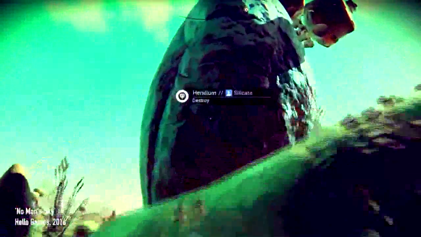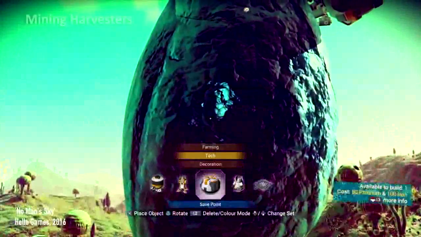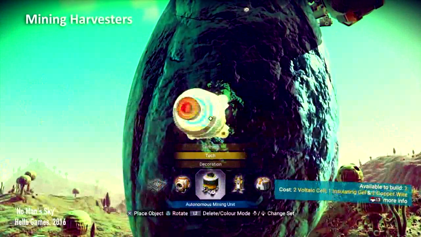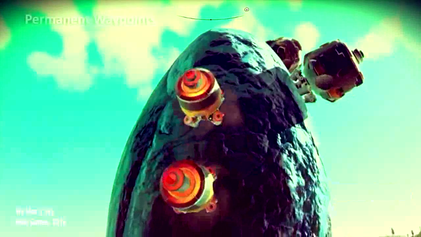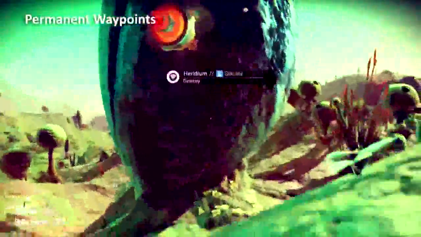Explorers can now deploy equipment in the field. Save points can be built from resources at any time and are crucial in survival mode. Use of automated mining harvesters is recommended to gather resources, together with waypoints to permanently mark points of interest.